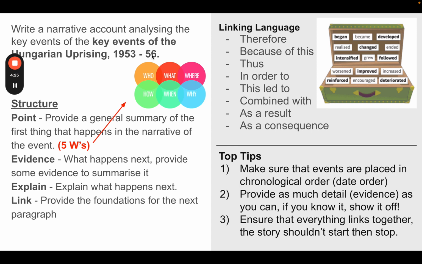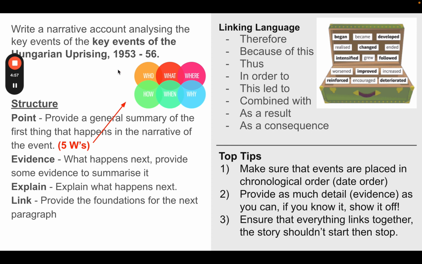The fact that the question has been designed to go back to 1953 means that there is something in 1953 worth talking about. When you are answering these questions, you want to try and cover the entire date range. So I want to cover 1953 all the way up to 1956. If I just talk about 1956, it just shows the examiner that my knowledge around this area is weak, especially when I'm going to the origins of the Hungarian Uprising.